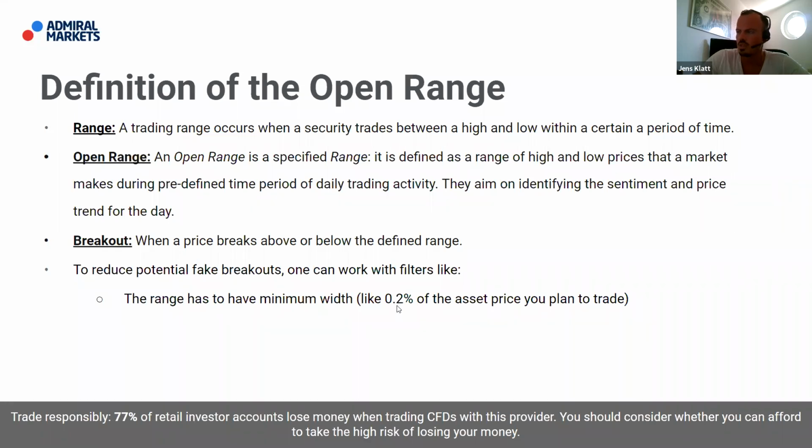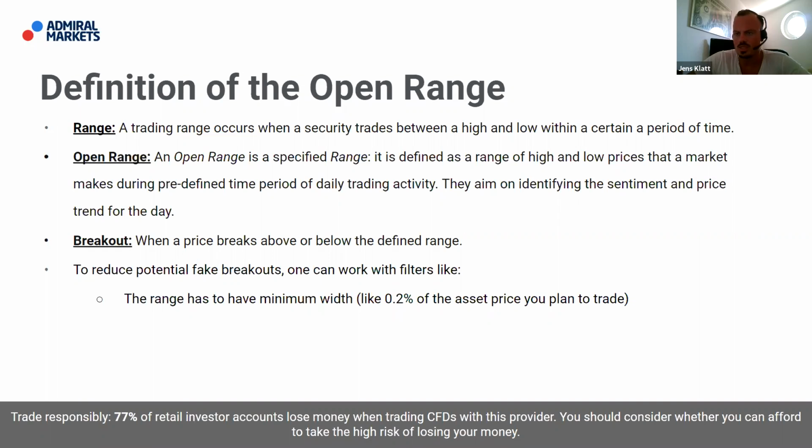We want to see a minimum range width of 0.2% of the asset price you plan to trade. So if the S&P 500 is trading at 3,000 points, 0.2% means the range width has to be a minimum of 6 points or wider.